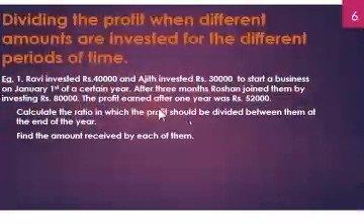The profit earned after 1 year was 52,000 rupees. Calculate the ratio in which the profit should be divided between them at the end of the year. Find the amount received by each of them. Okay, we'll move to solve this problem.